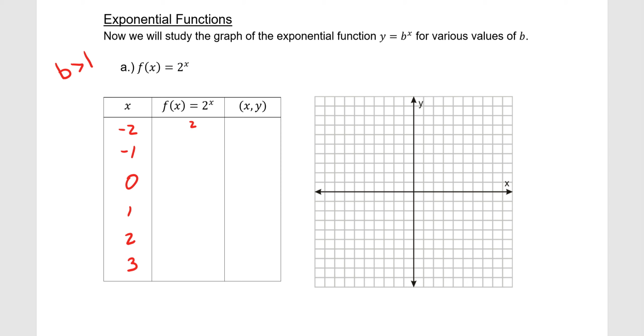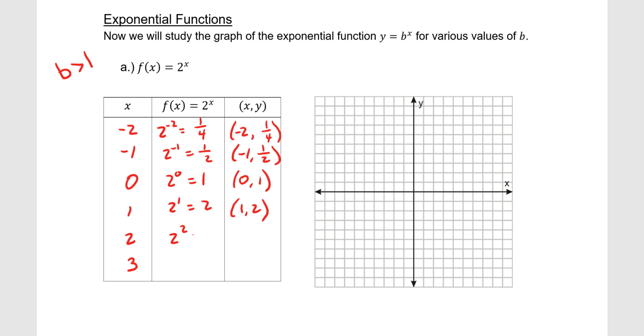And 2 to the -2 is 1 over 2 to the +2, which is 1/4. That gives us the xy coordinate -2, 1/4, positive 1/4. If we plug in a -1, 2 to the -1 is 1/2. That gives us this xy coordinate. If we plug in a 0, anything to the 0 is 1. So 0, 1. We plug in a 1, we get 2.